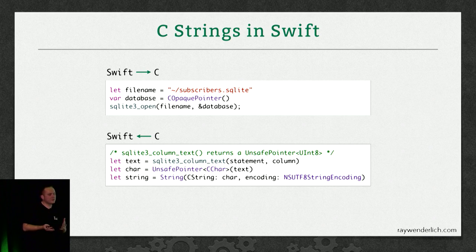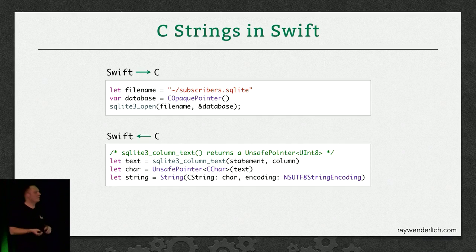Sometimes Swift will bring a char or a C string in as a UInt8. Sometimes it will bring it in as an Int8. I've not quite got to the bottom of why that would be. Swift has this CChar type alias, but it doesn't allow you to mix and match.